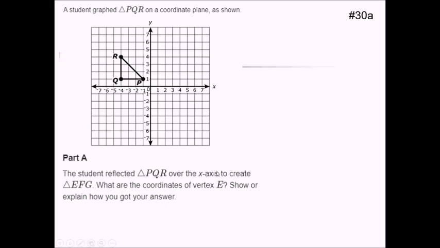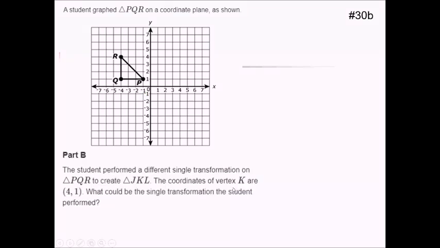If I'm reflecting over the x-axis, then E, which is the image of P, the reflected part of P, is going to have to end up right about here. And now I just want that point right there. This is -1, -1.